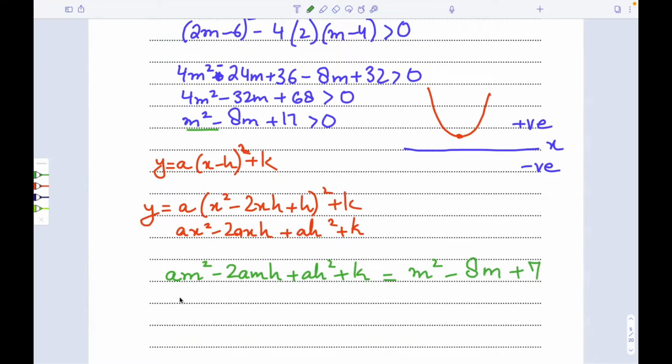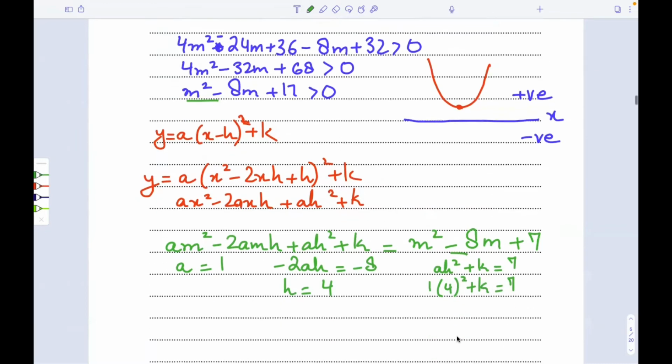From this, we can deduce that a is equal to 1 because that is the coefficient of m squared. The coefficient of m over here is minus 2ah, which is equal to minus 8. And the constant is ah squared plus k, which is equal to 17. As a is 1, minus 2 times 1 is minus 2. So h will become minus 8 upon minus 2, which is positive 4. Now substituting a and h over here, we get 1 into 4 squared plus k is equal to 17.